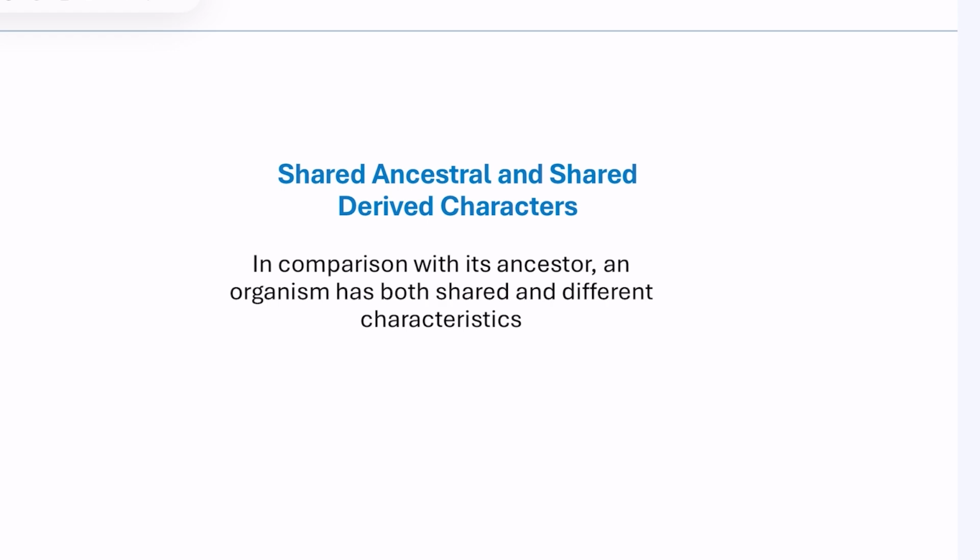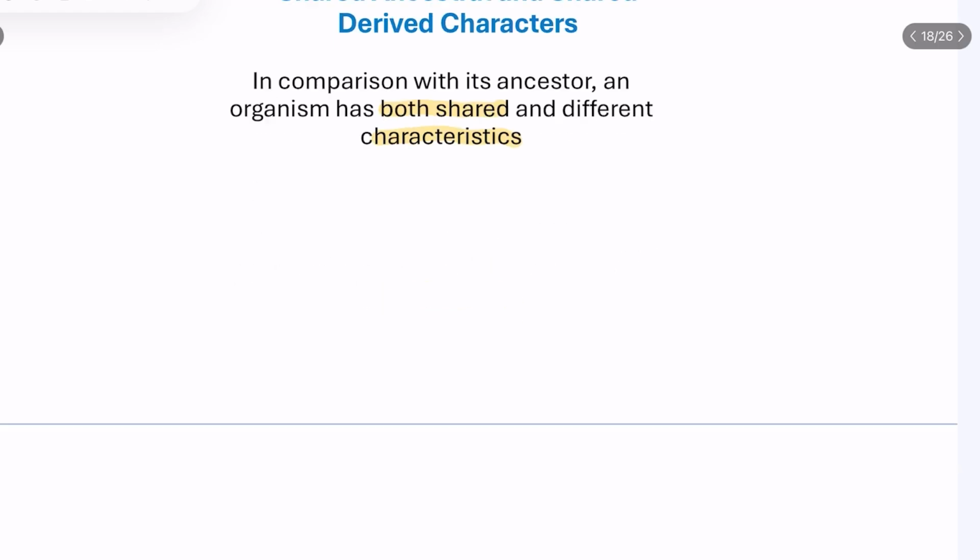The characters present in the descendant are derived characters, and those characters they share with the ancestor are called shared ancestral characters. So in comparison with its ancestor, an organism has both shared and different characters.